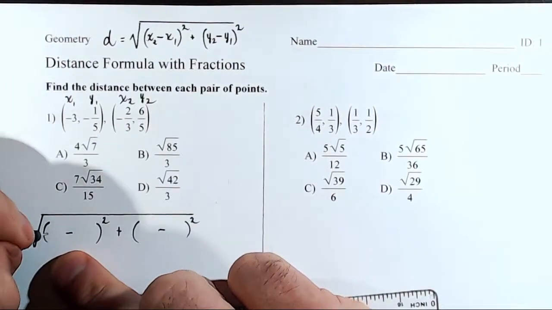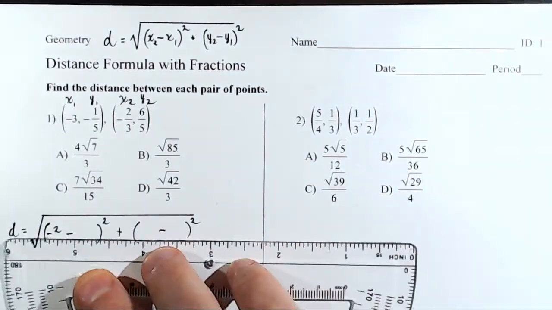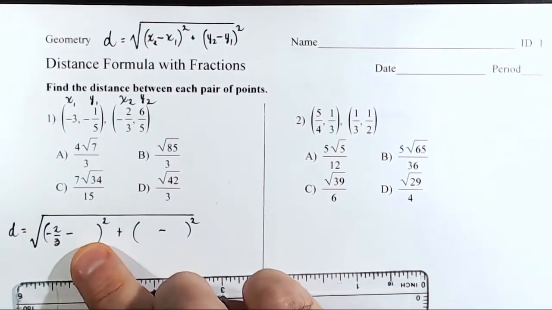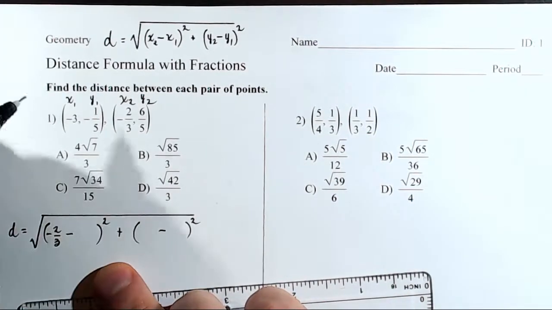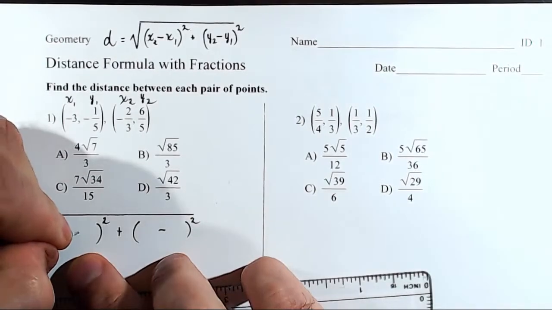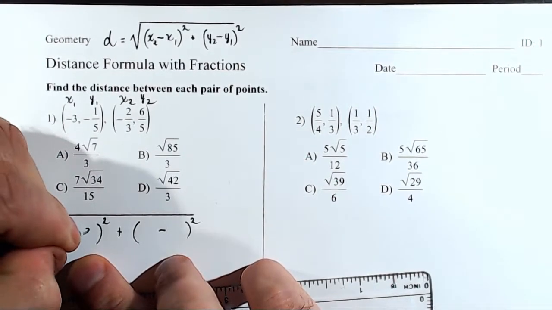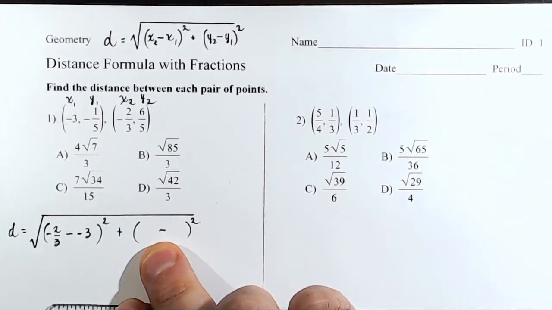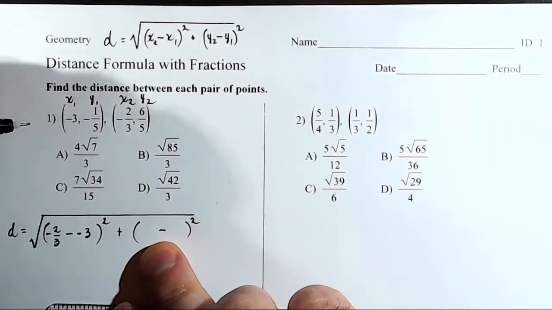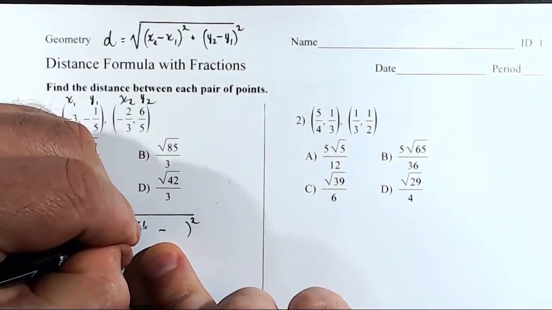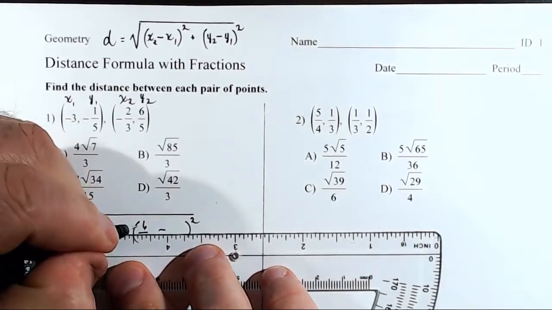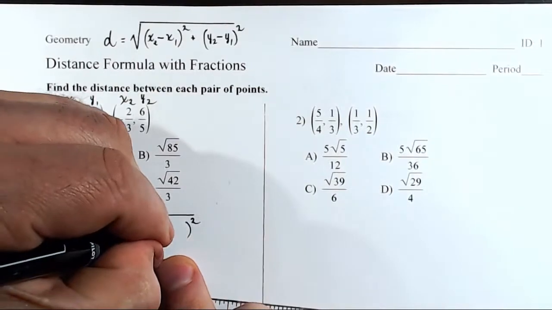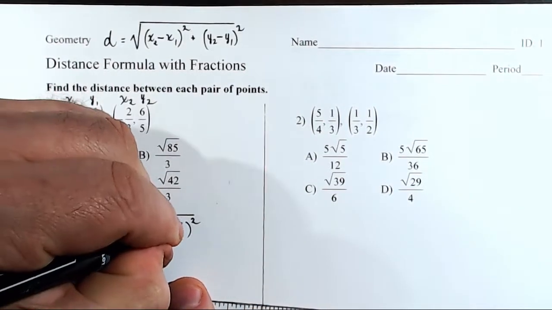That's -2/3 minus, and then this is x1, and that's -3. And over here, we've got y2, which is 6/5, minus y1, which is -1/5.